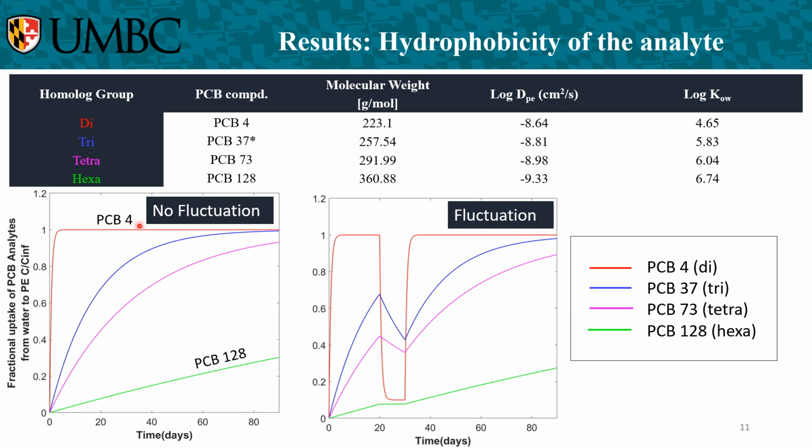PCB4 here, for example, which is represented by the red solid line, reaches equilibrium in less than 10 days, while PCB128, which is represented by this green line, has reached only 25% of the actual ambient concentration in 90 days. When the dilution pulse hits on the 20th day, the lower homologs appear to be much more sensitive, undergoing a much deeper dip as compared to the higher homolog compounds.